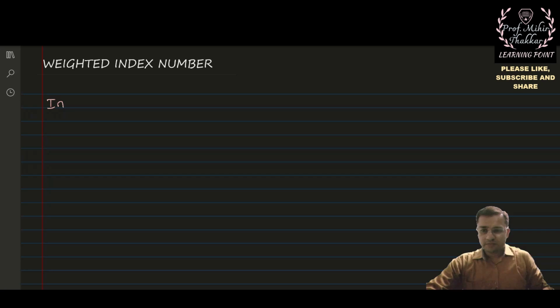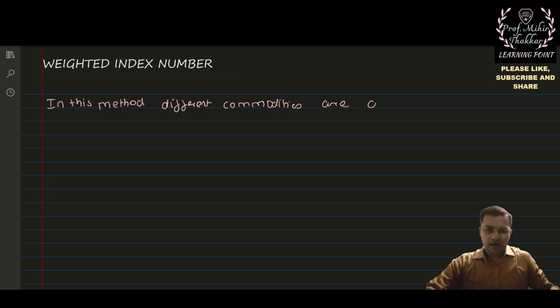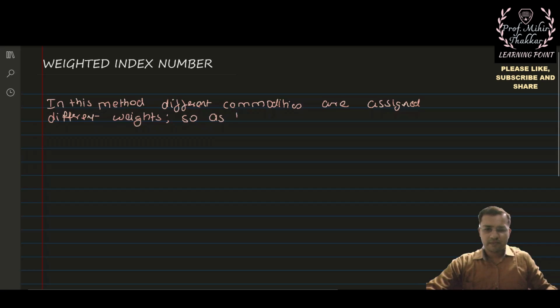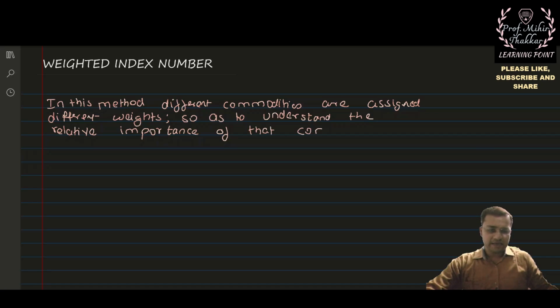In this method, different commodities are assigned different weights so as to understand the relative importance of that commodity.